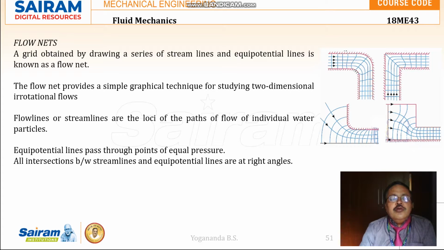So a flow line or streamline is the locus of the path of flow of an individual water particle.